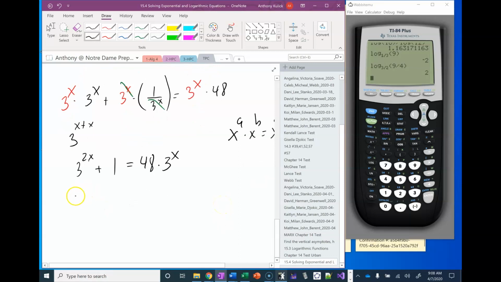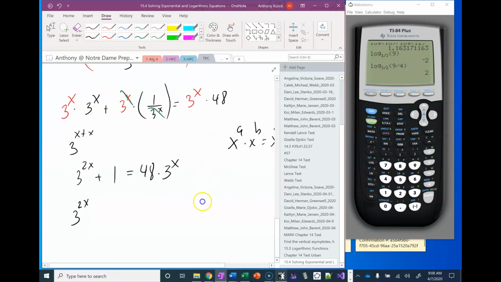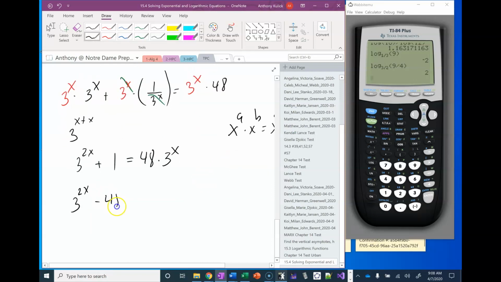So I'm going to move everything now onto one side, and notice that this looks a little bit like a quadratic. And you'll notice that maybe the way I wrote it isn't so obvious to see it's a quadratic. So let's go back and maybe make that a little bit more obvious for you guys.